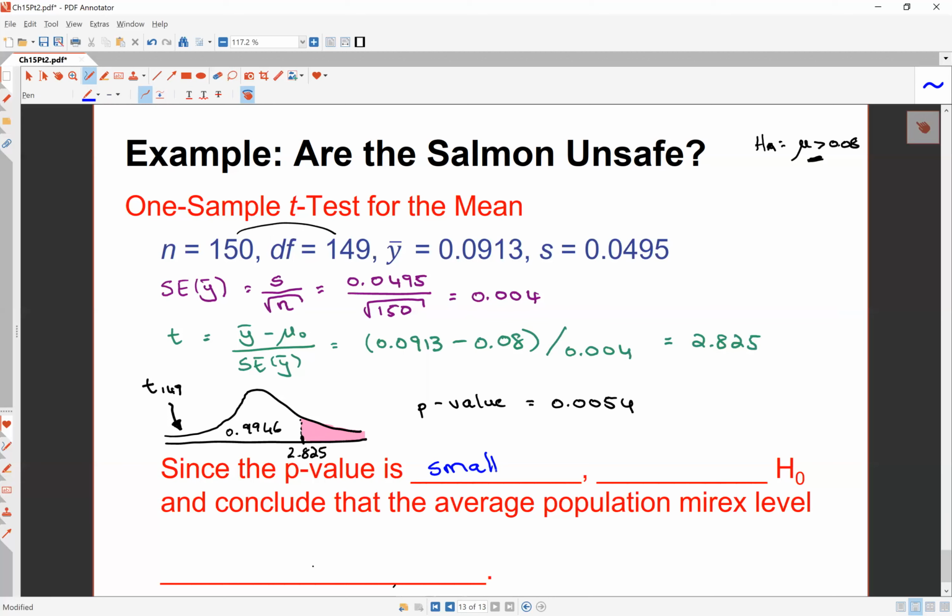And so because the p-value is small, we are again going to reject our null hypothesis. So we have to state a conclusion. Our conclusion in this case has to be consistent with the alternative. And that would be that the average Mirex level in the salmon population appears to exceed the EPA recommendation.